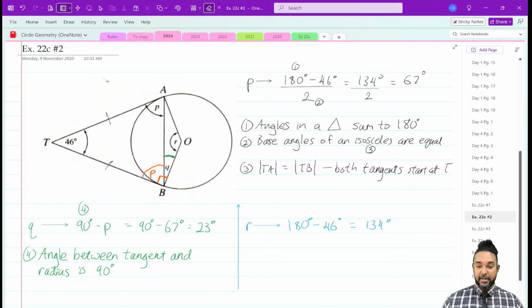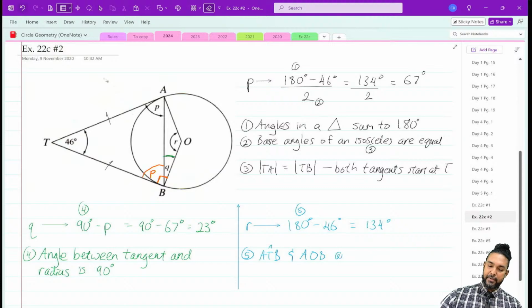So it's something that we could articulate and use. This is rule 5. We could say here that ATB and AOB are supplementary.